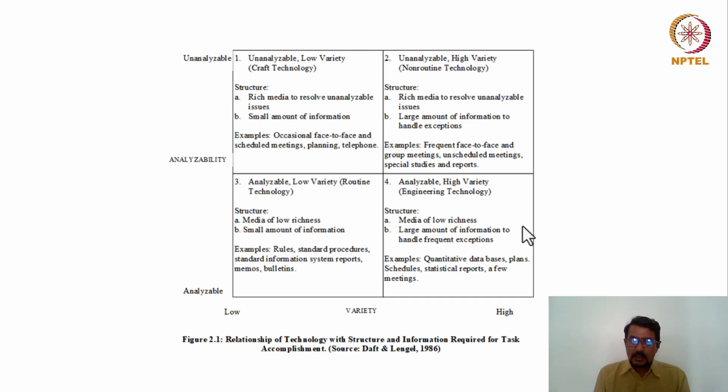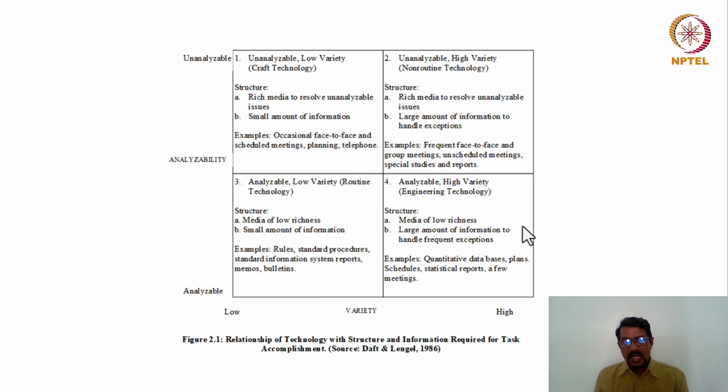So apart from social presence, we cannot say that this tool is better or this tool is not good. It depends on the task. So we looked at different ways of classifying tasks. We use a 2 by 2 matrix, x-axis being variety and y-axis being analyzability. Variety means whether the task is simple or complex.